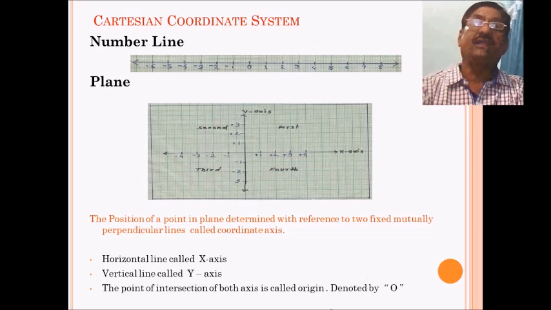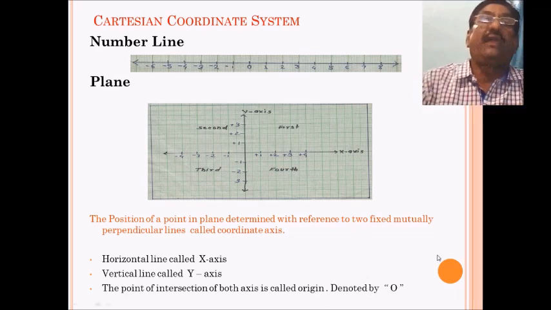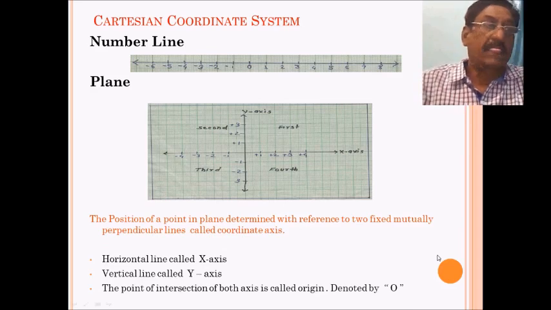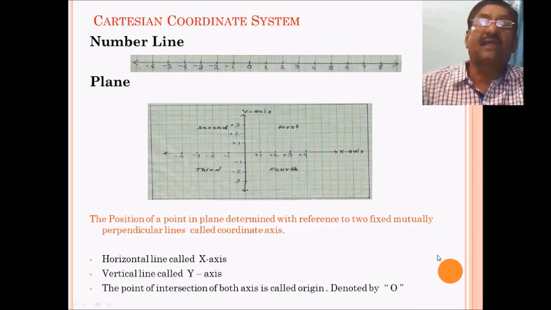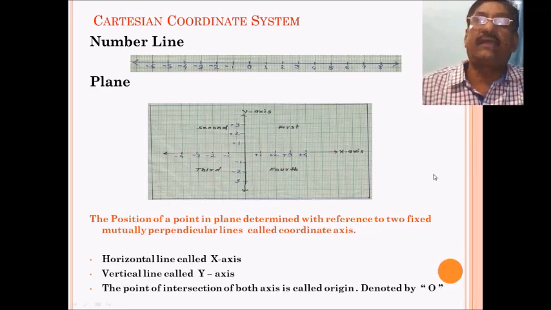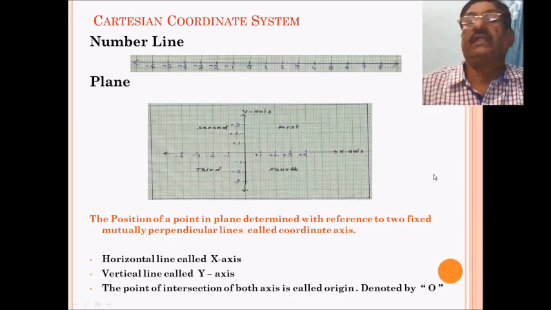How can we locate the position of a point on a plane? Suppose we look at a point P on the graph paper. To locate the position of a point in a plane, we need two coordinates.